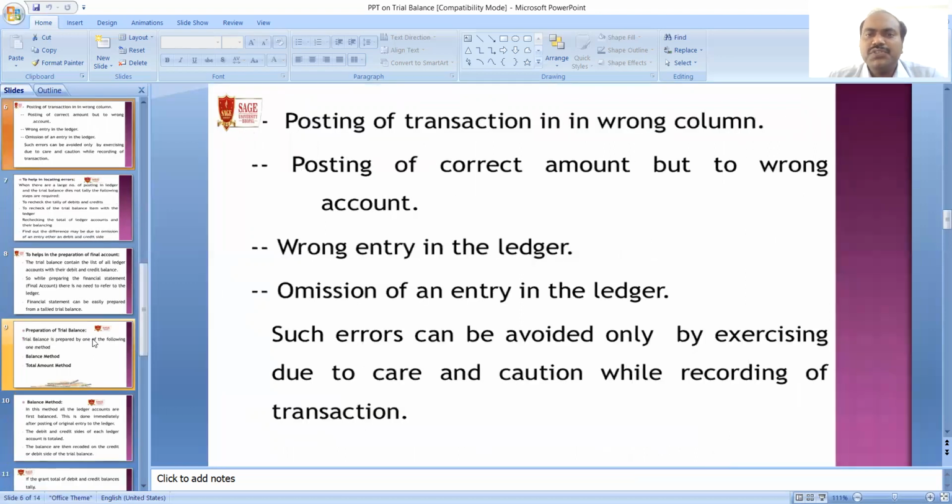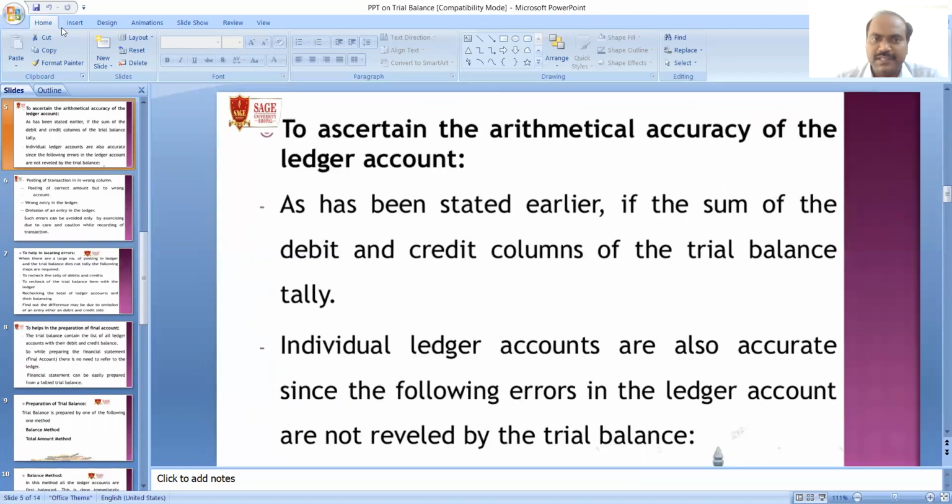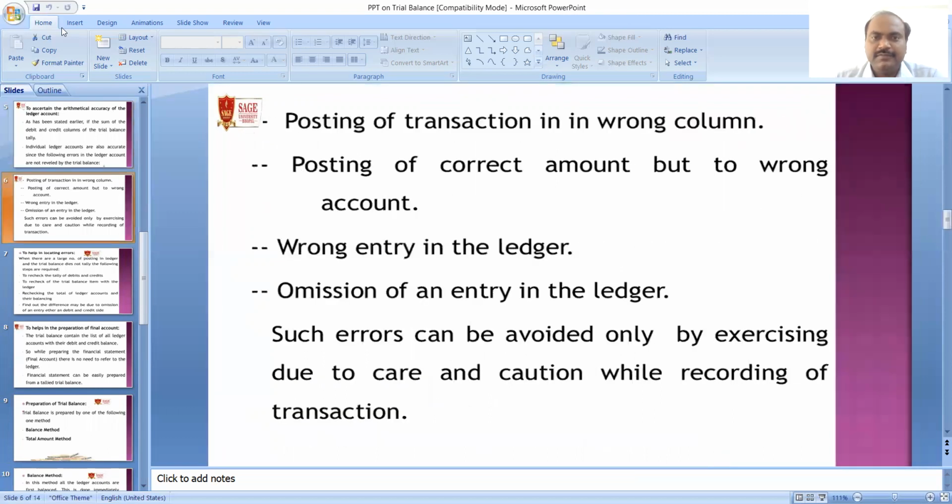And posting of transactions twice, and posting of transactions in the wrong column, can be one of the errors.